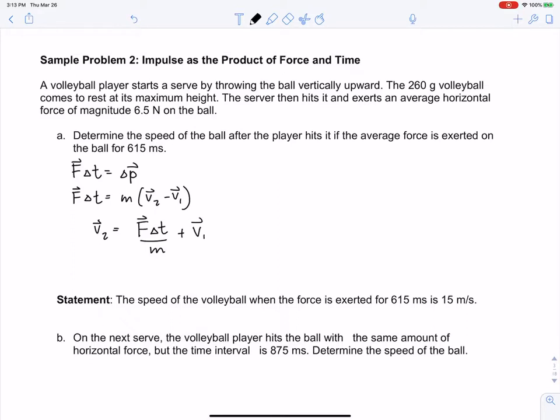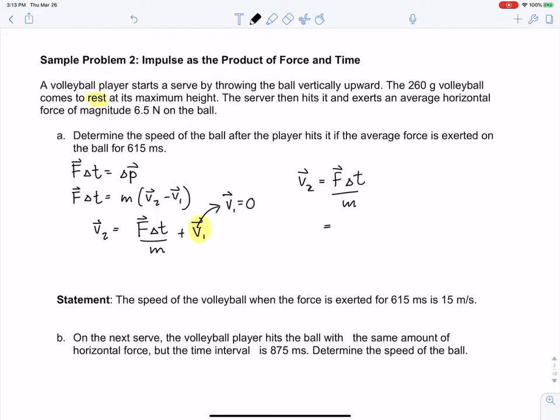Now we know that at the moment at which this volleyball is struck, it was at rest. That was mentioned. So this term right here is going to be equal to 0. So v2 is equal to F delta t divided by mass.